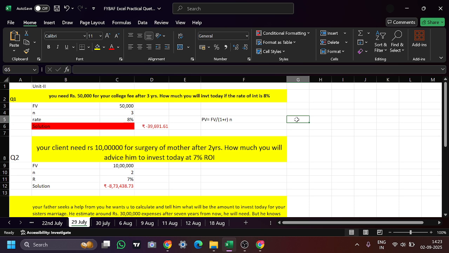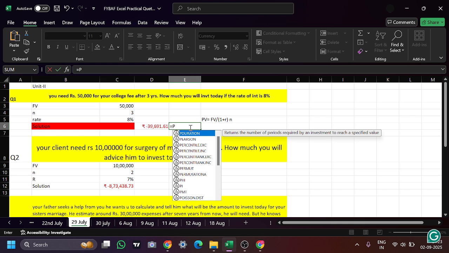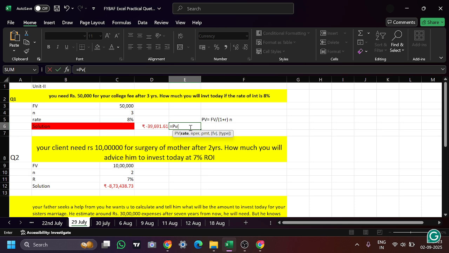Now if you want to calculate this particular sum by the Excel method, we have the formula which will go like this: equals PV, in brackets. The syntax is mentioned. The rate is mentioned over here, right? You should click the cell where the number is written. ठीक है, so click this again, comma.